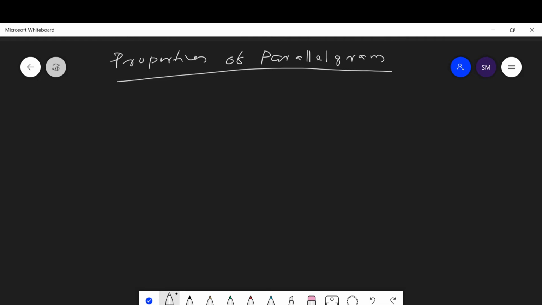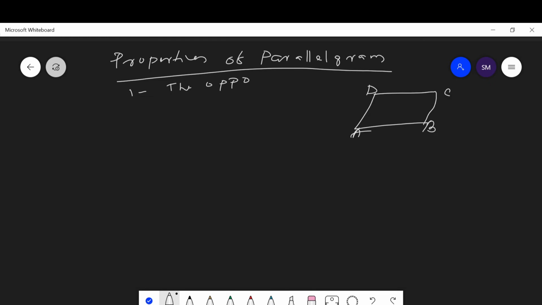Properties of parallelogram. The first property of parallelogram says that the opposite sides are equal. The opposite sides are of equal measure. Suppose ABCD is a parallelogram.